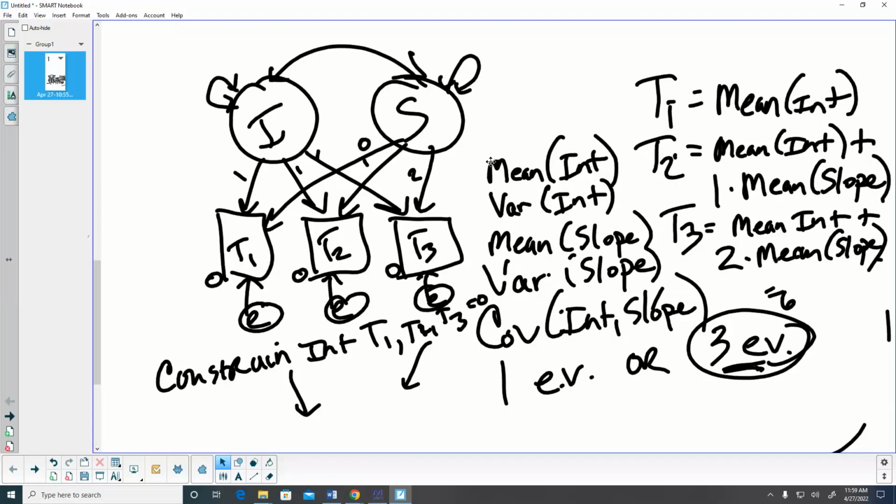Would you mind going over the counts for that example? For the knowns versus the unknowns in this non-recursive model? We can, but here's the thing. In a non-recursive model, the question isn't whether the knowns are more than the unknowns. The question is, are we identified?